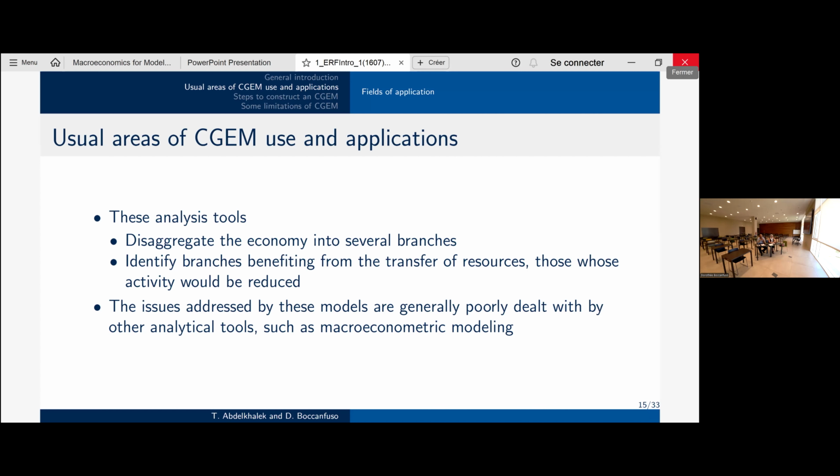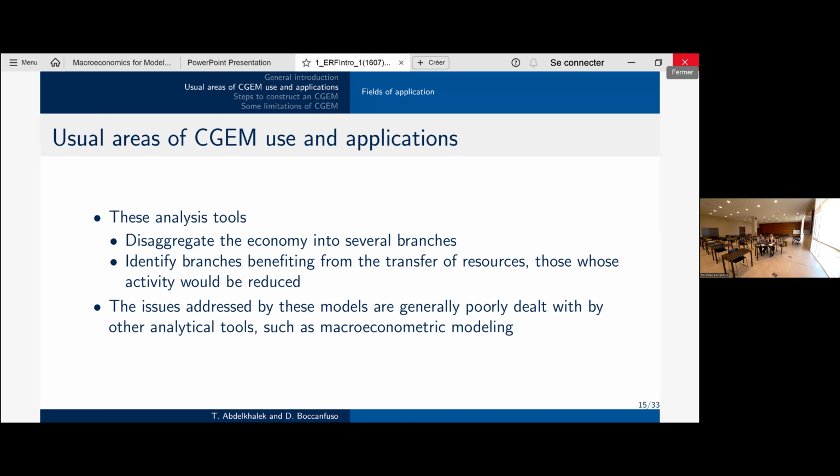The CGE model is a generalization of input-output analysis, in the sense that in the Leontief analysis, prices are exogenous, and the equilibrium is reached without any role for prices. In the CGE model, prices become endogenous. So the ancestor, the grandparent of the CGE model, is input-output analysis.